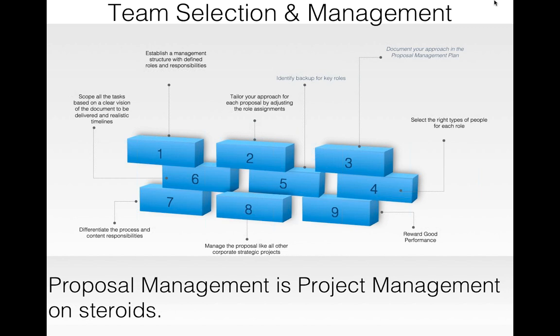You have to be very realistic in setting expectations for the tasks, the quality of the deliverables, as well as the schedules, so that team members are well aware of what is expected of them and are in alignment with the proposal management plan.